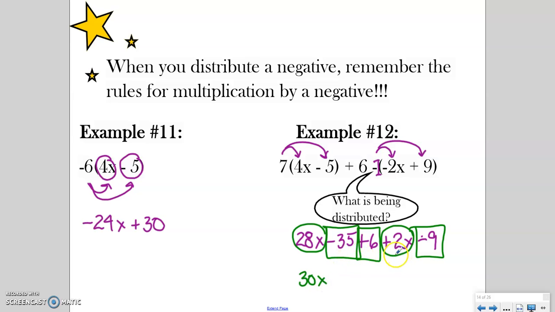And then when I combine this one, this and this would give me negative 3, and a negative 35, negative 38. And that's my answer for that one. And that's it. Alright, so again, more examples of distribution.